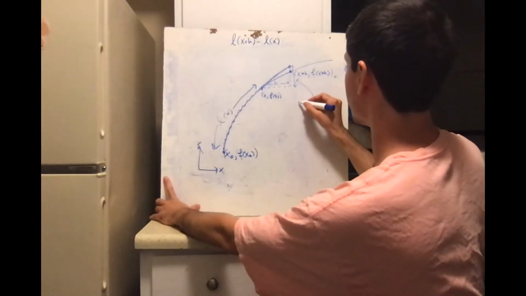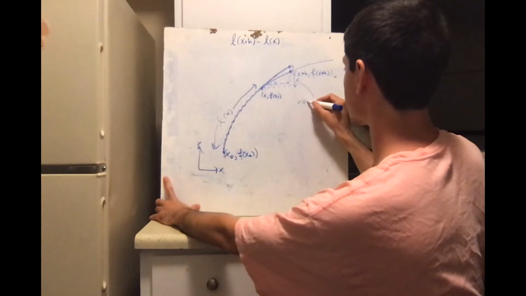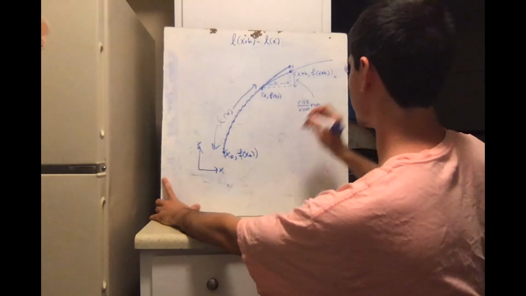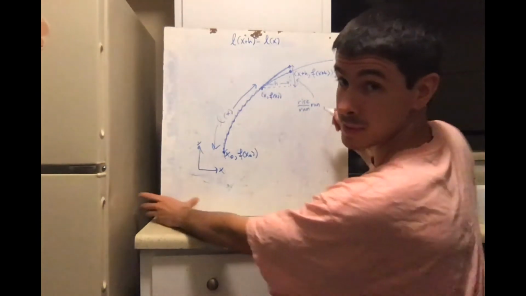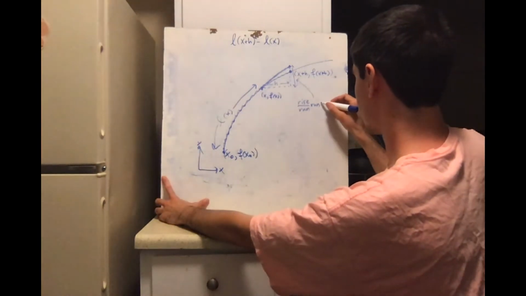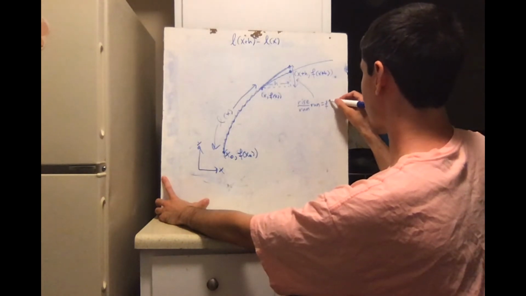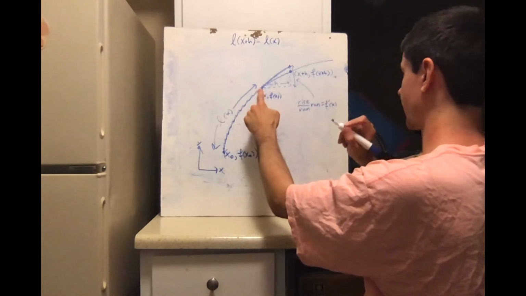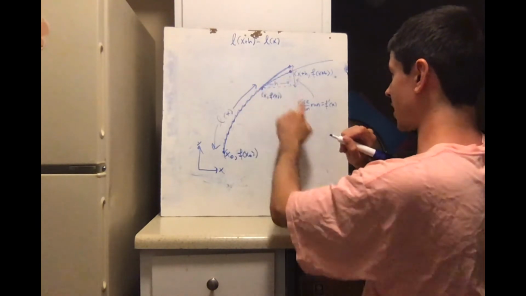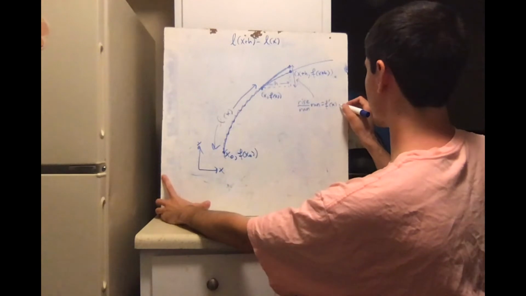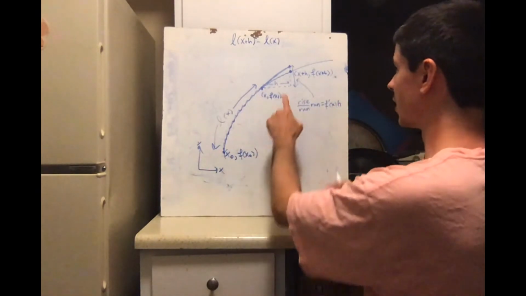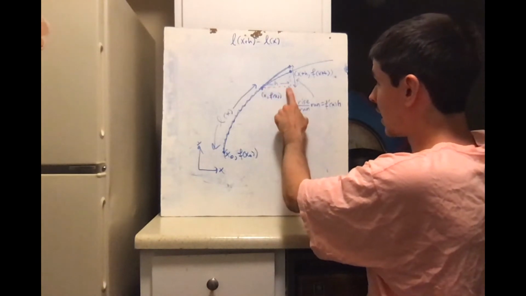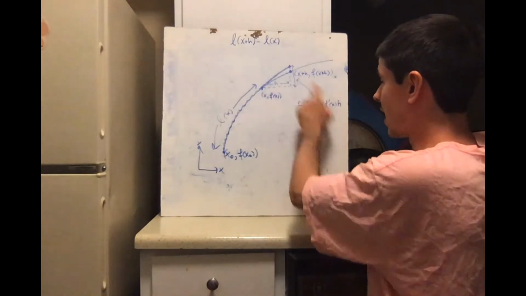So the height is going to be rise over run times run. The height is the rise, and the slope is f prime of x, right? Because this is the tangent line at x, f of x. So the slope is going to be f prime of x, and then the run is going to be h. So okay, so we have a right triangle with base h and height f prime of x times h.